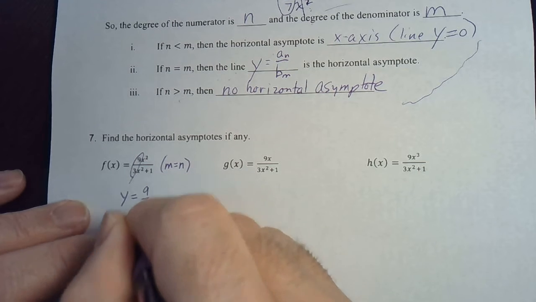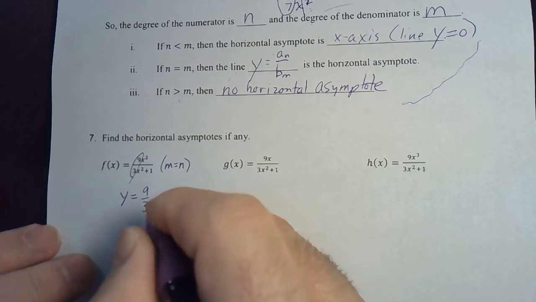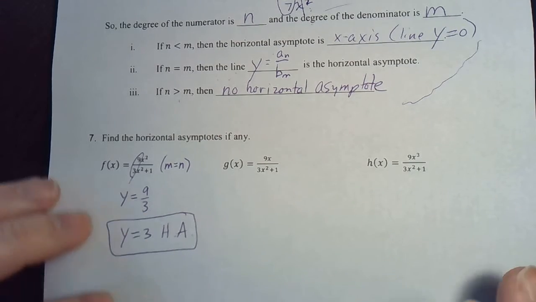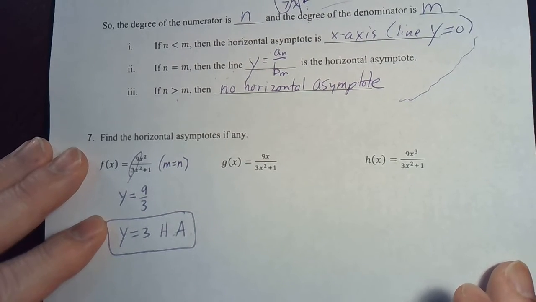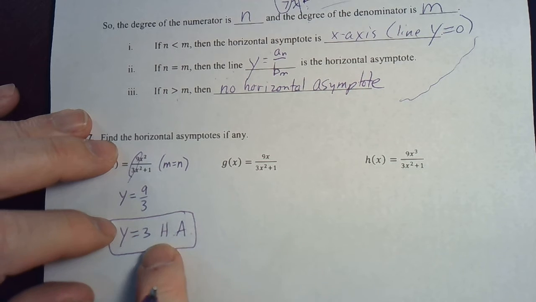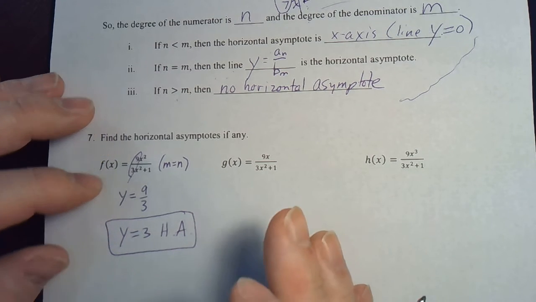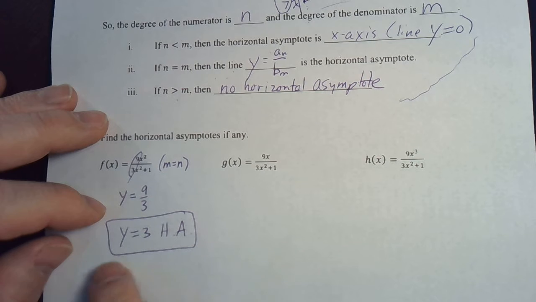Well, that reduces. y equals 3 is the horizontal asymptote. So as x goes towards infinity, x gets really big, the graph height, the value of the function, is approaching that value of 3. Or when it's going to negative infinity, it'll do that. One way or the other, this y equals 3, that horizontal line is a horizontal asymptote.